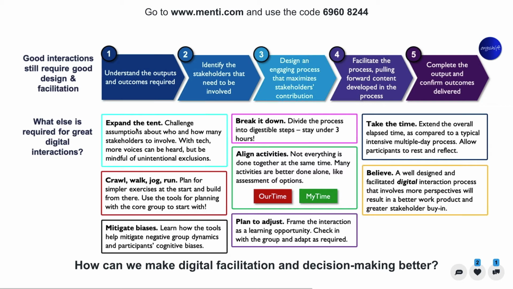Break it down. This is where my unpacking can help. What are the things that we can do? How do you break that up? I've already introduced the topic of our time and my time. There are things that are better done not in our time. So if you need to make a decision amongst some competing ideas, or even just directionally, and you want people to vote on that, doing that in real time will work, but it could get a bit clunky.